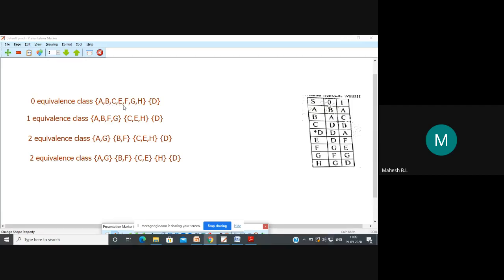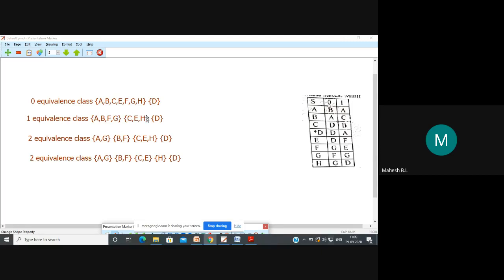So consider the first equivalence class A, B, C, E, F, G, H. A makes a transition to B and A. B and A are in the same class. B also goes to the same class. A, C, both are in the same class. Then if you consider F and G, F is GE, which is in the same class. G is FG, also in the same class. That's why A, B, F, G are put in one class.